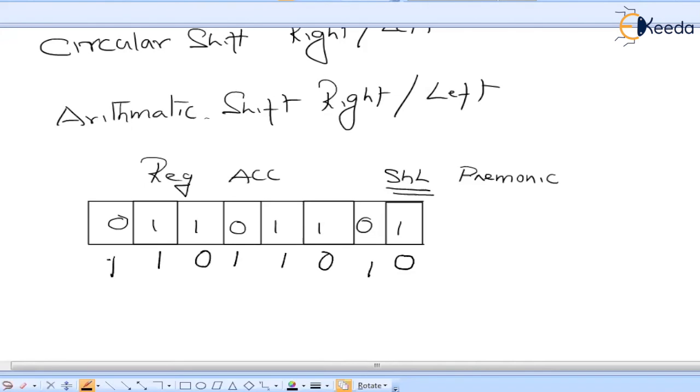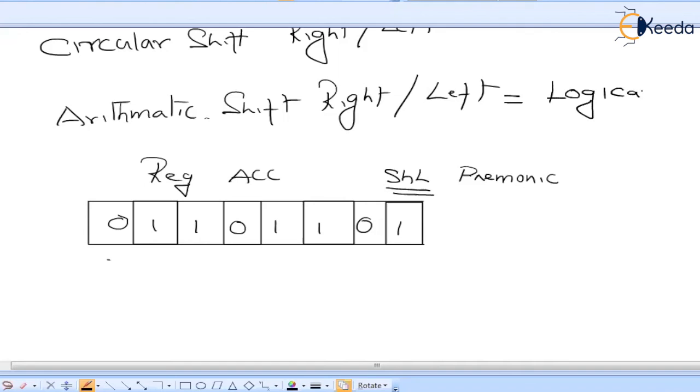Now, most importantly, we need to discuss arithmetic shift. What is the difference between arithmetic shifts and the shifts we discussed so far? The fundamental thing to understand is that the arithmetic shift, either left or right, is similar to logical shift.